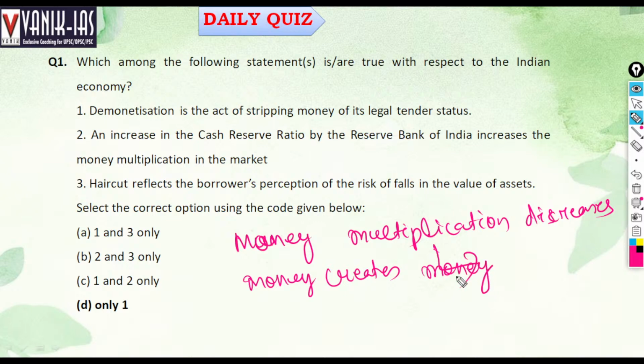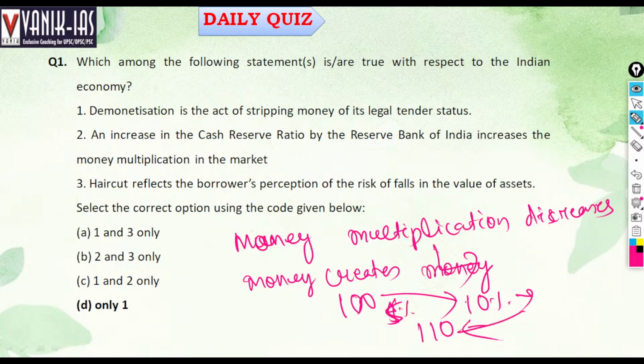That means if you deposit 100 rupees in a bank, for example, you will get some interest. Suppose you get 5% interest, and somebody takes a loan at 10%, for example, right? And it will give the bank some interest. With this 100 rupees loan, a particular person will invest in the market and will earn something, right?